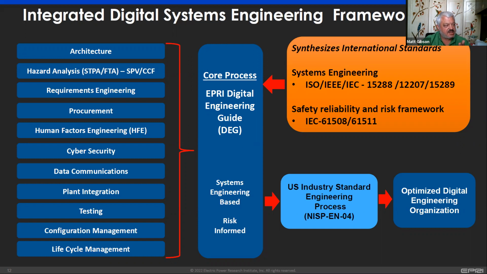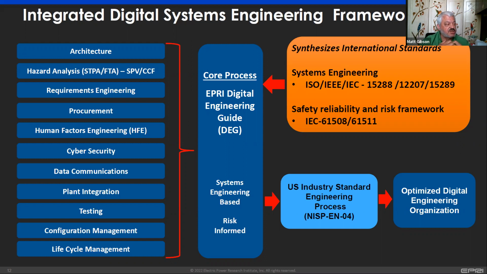The core process is the digital engineering guide, the DEG as it's called. Systems engineering based, performance based, it's risk informed. The process uses international standards, which I've covered already. The US industry has standardized using the DEG through the Nuclear Promise Program.